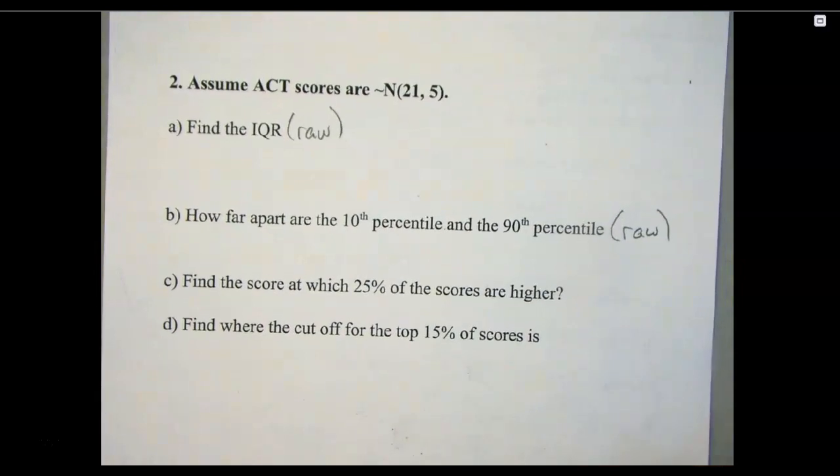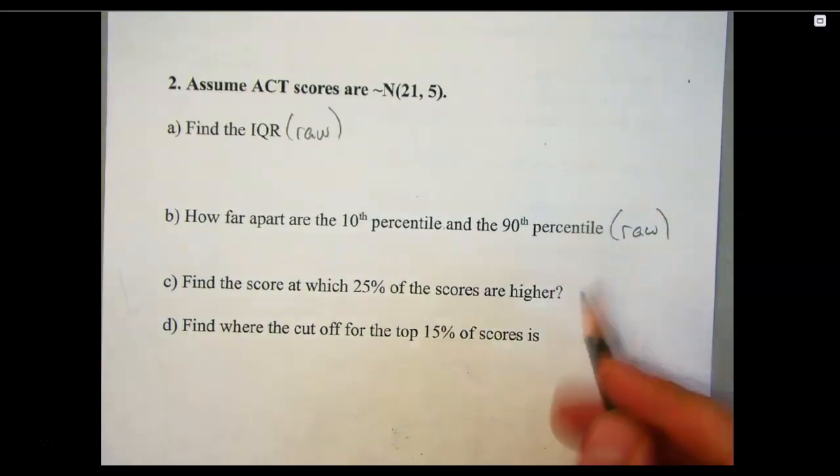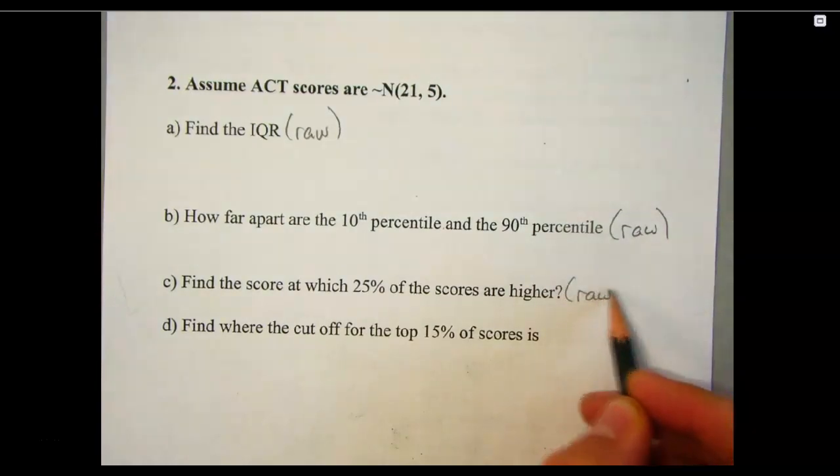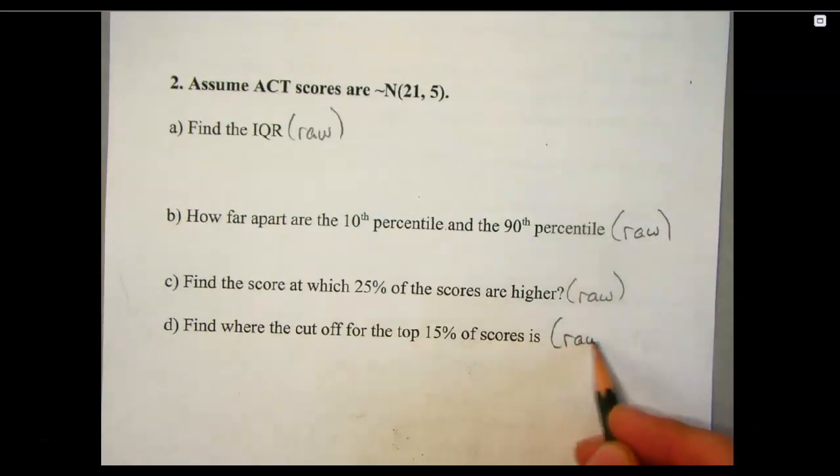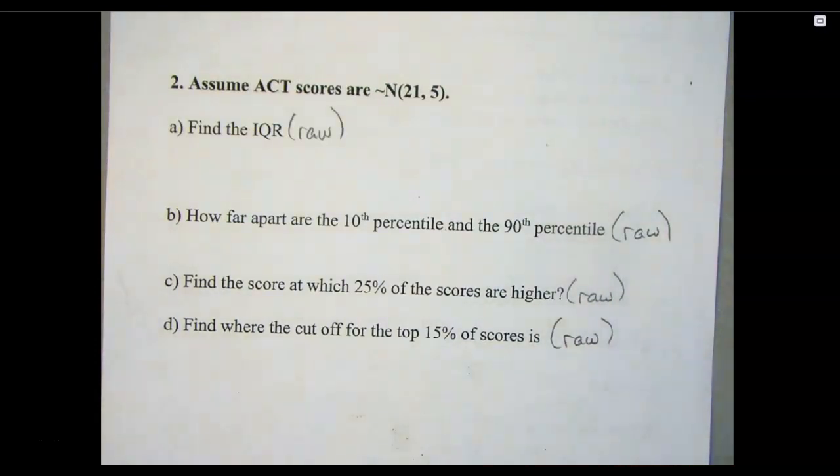Because you couldn't say... Yeah. Try A and B. If you want to try C and D, go for it. I'll talk through them though. They're a little bit different.